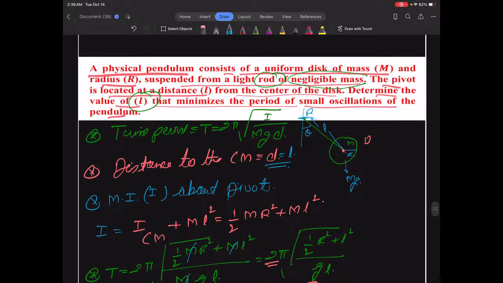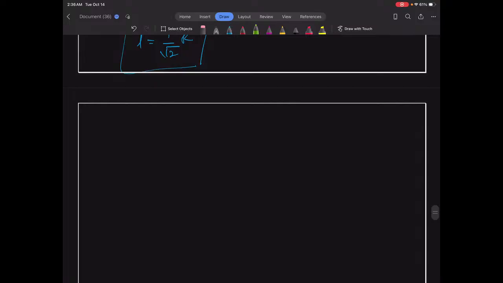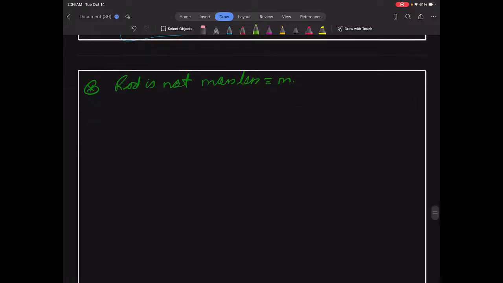And here, like I said, in the first case we solved with a rod of negligible mass. In the second case, we are going to consider that the rod has some mass. You can say the rod is not massless, and let us suppose its mass is small m.